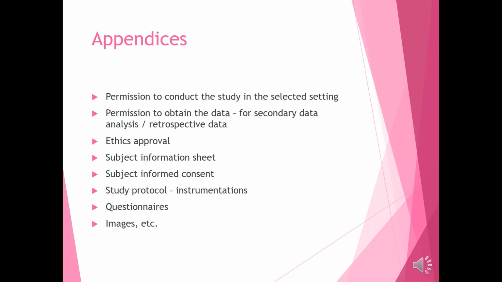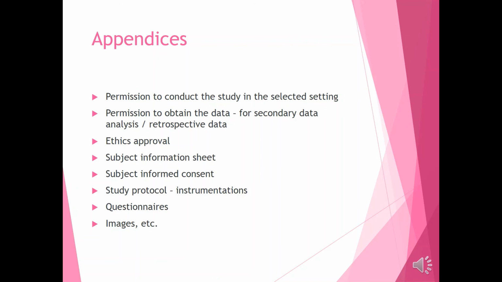Sometimes, if your study involves taking secondary data to analyze, also known as retrospective data, you must also obtain permission. And then the ethics approval: you need to obtain ethics approval for research in human subjects.